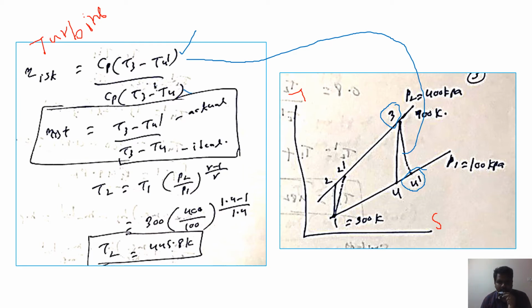Ideal work done is between 3 to 4, so from TS diagram we can write it as Cp into T3 minus T4. Here again Cp gets cancelled. Isentropic efficiency of the turbine equals T3 minus T4 dash divided by T3 minus T4. From this we can find the isentropic efficiency of the turbine.